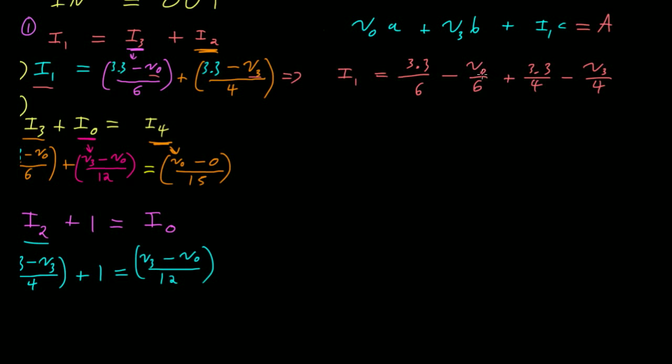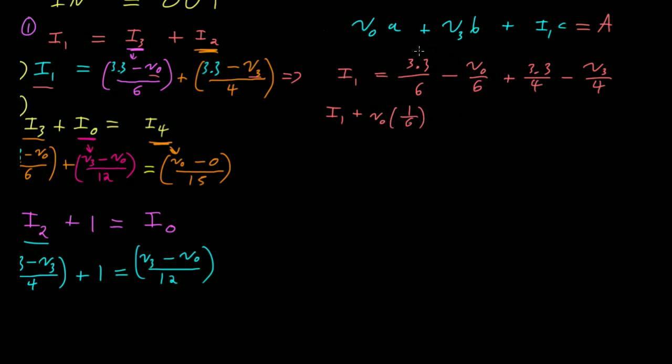I'm going to add V0 over 6 to both sides. I'm also going to add V3 over 4 to both sides. I'm going to be left with I1 plus V0 times 1 over 6.